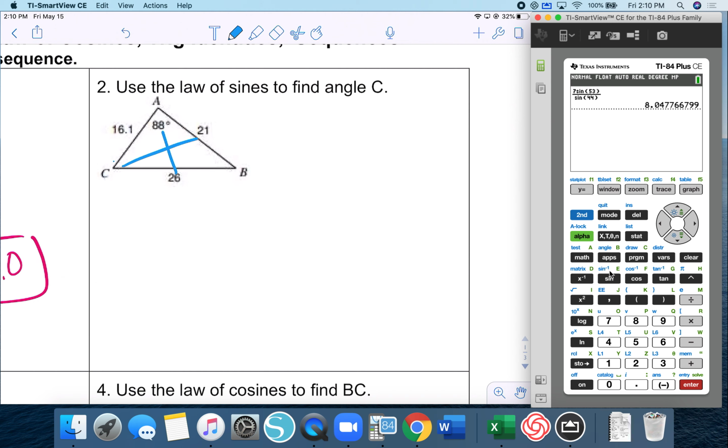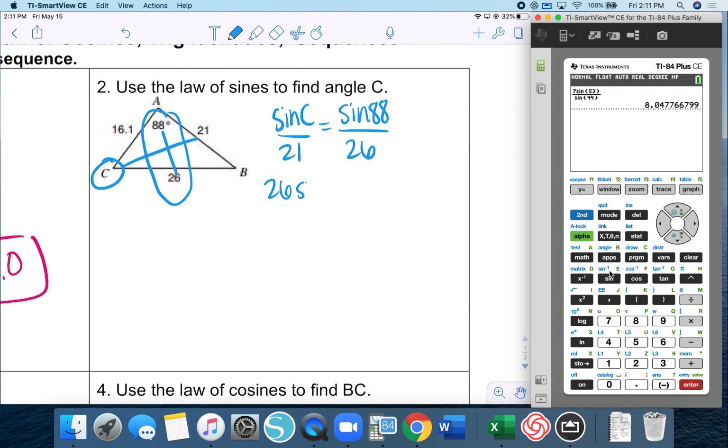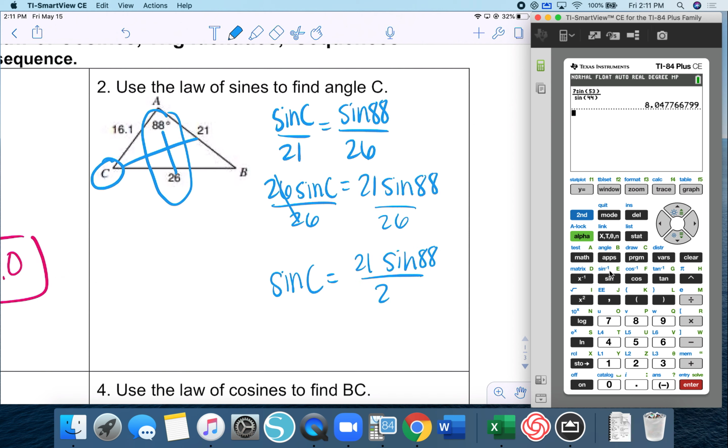So with this one, we need to find angle C, so sine of angle C over side 21. And then as you can see, I've identified this is my other one that I know all of the information about. So cross multiply, divide. So sine C equals 21 sine 88 over 26.